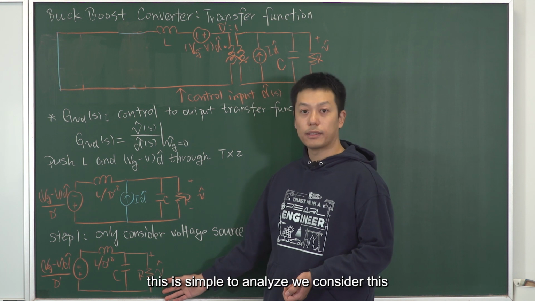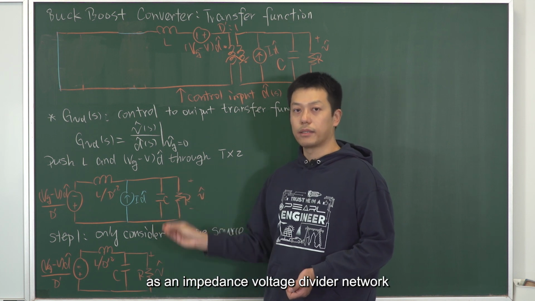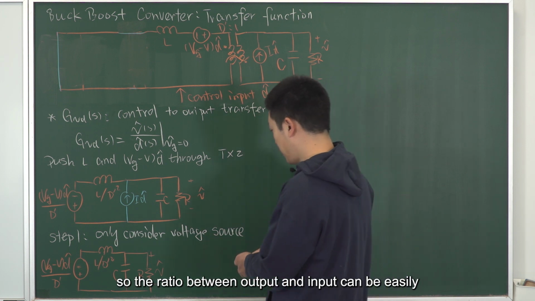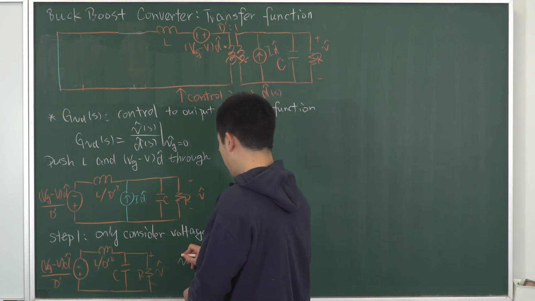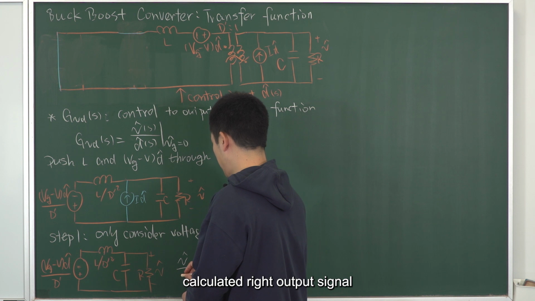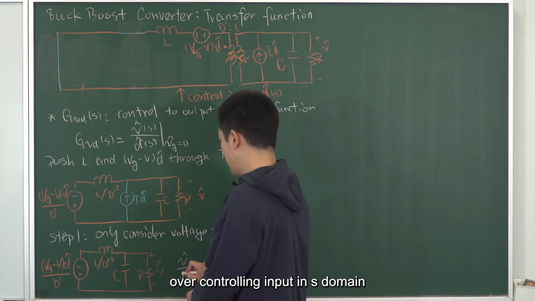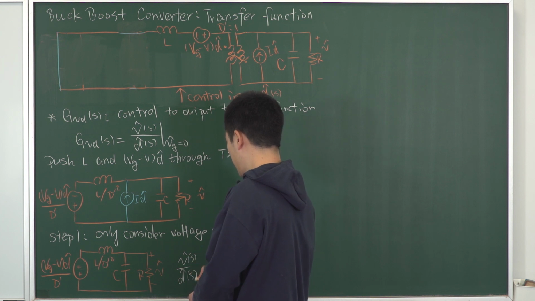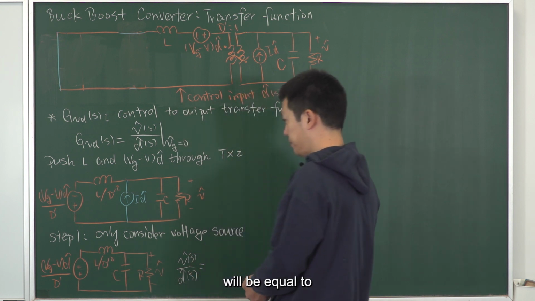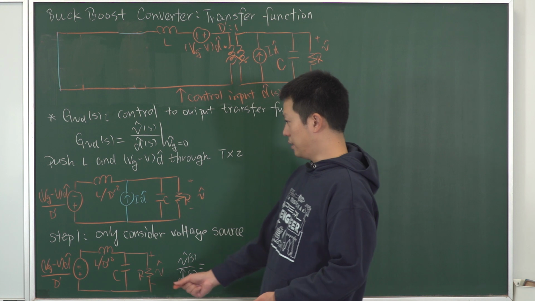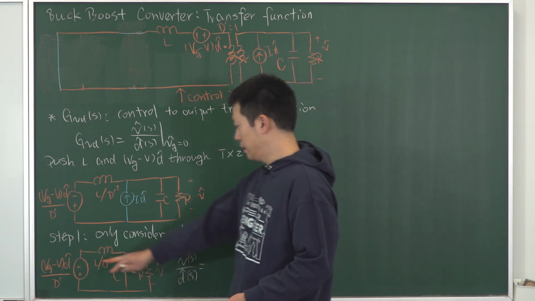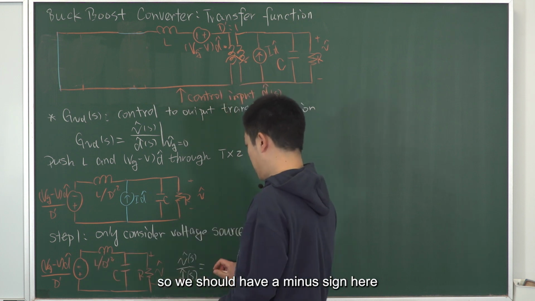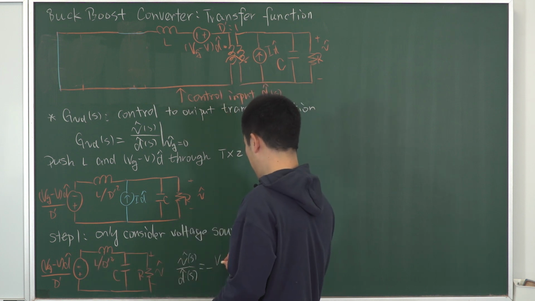We consider this as an impedance voltage divider network. So the ratio between output and input can be easily calculated, right? Output signal over controlling input in S domain will be equal to, here is the inverted source, so we should have a minus sign here.